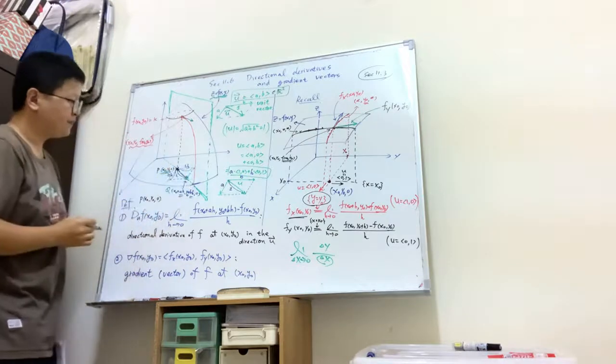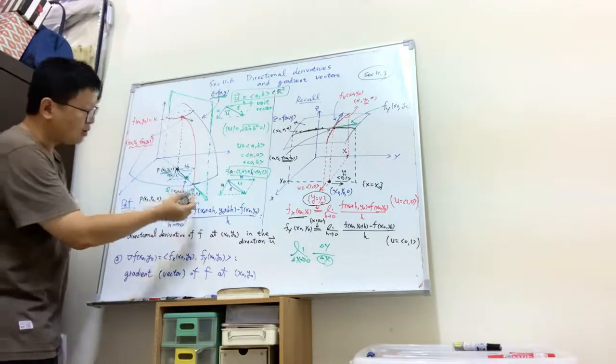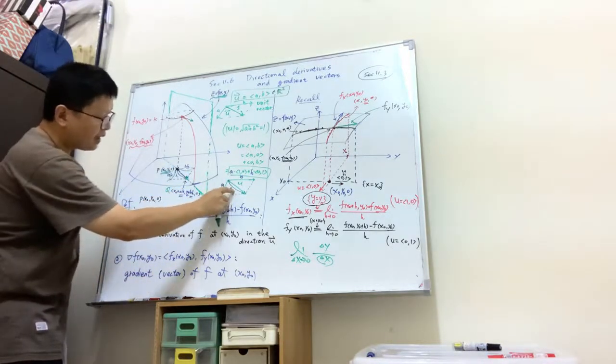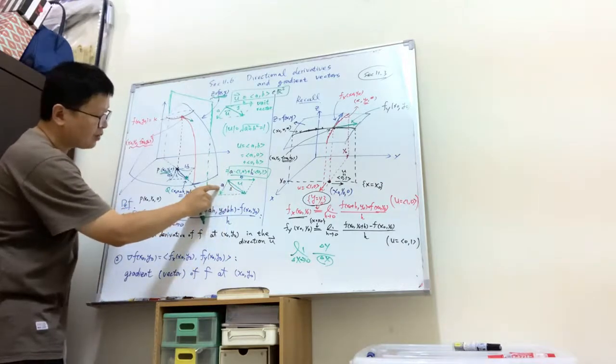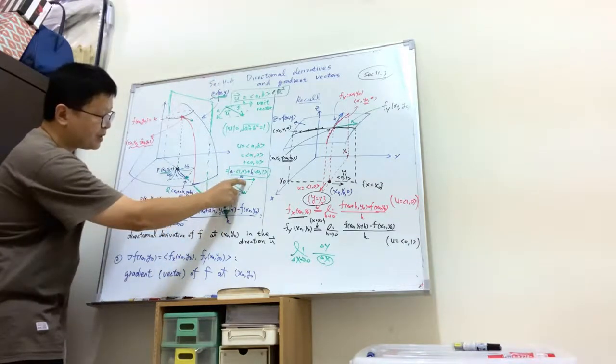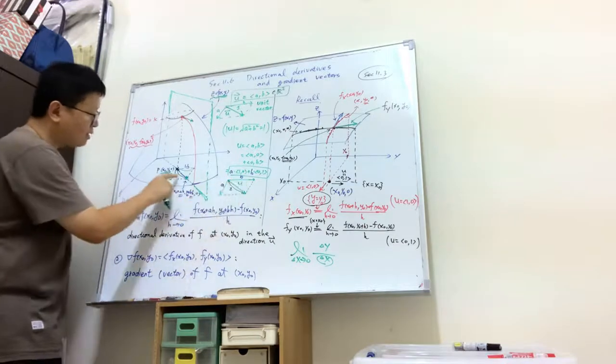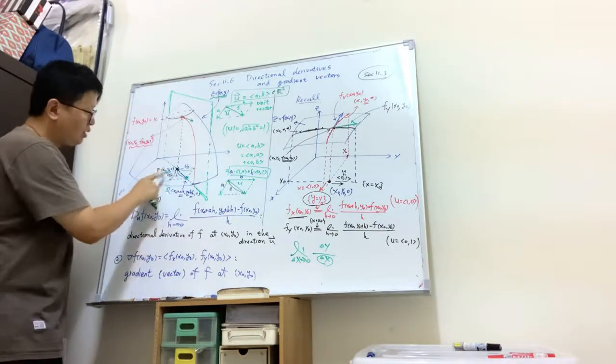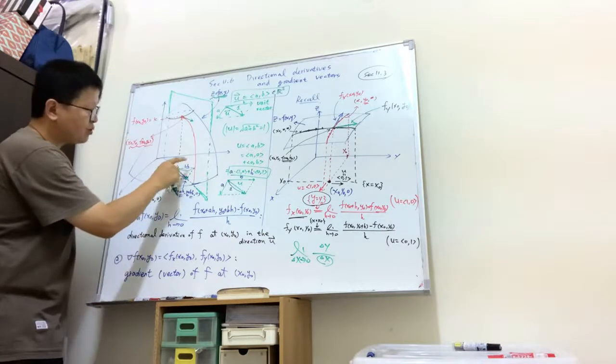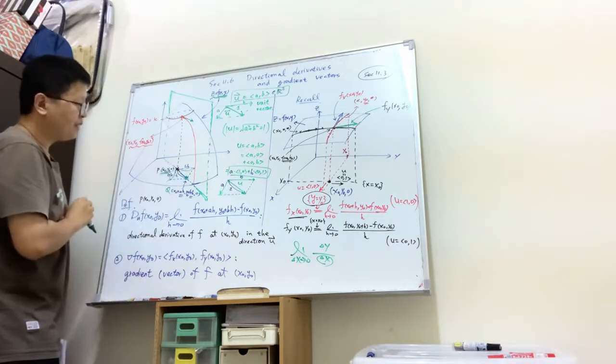In this direction, if the length is 1, then the x component is a and the y component is b, right? But now the length is h, so this component should be a times h, and this component should be b times h.